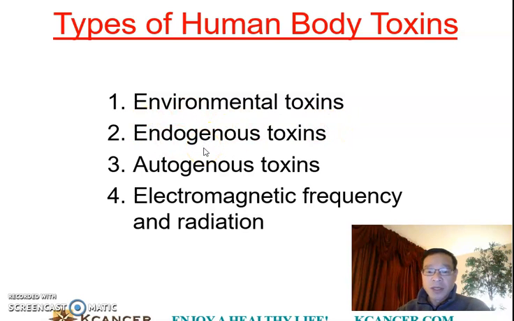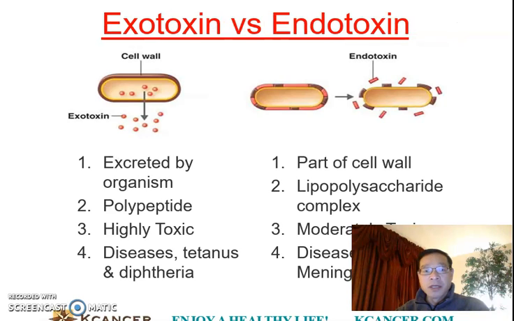And here, the biggest confusion is that this term is similar to one from bacteria. For example, bacteria have exotoxin and endotoxin. Actually, the name endotoxin is derived from endogenous toxin, so here there is just a slight difference.